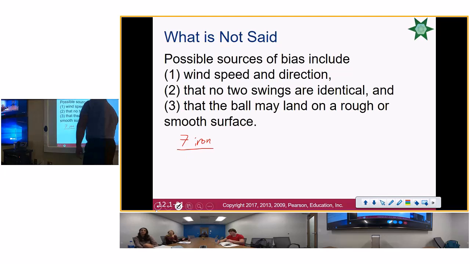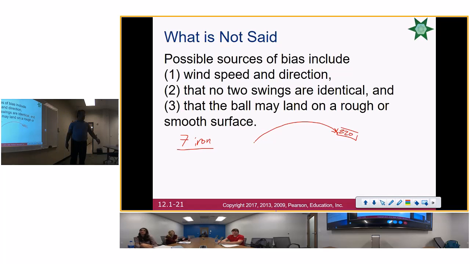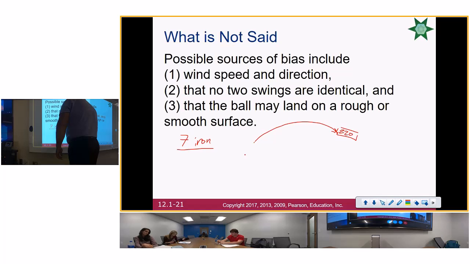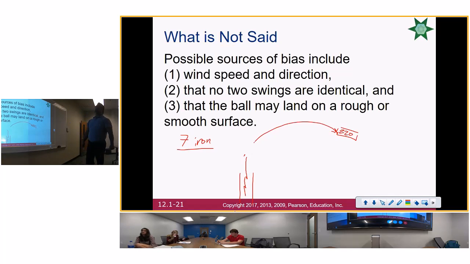And Tin Cup gets over there and hits it toward the sign, 220 yards. What does Don Johnson do? Don Johnson turns and hits the ball down the road, and it goes like 500 yards.